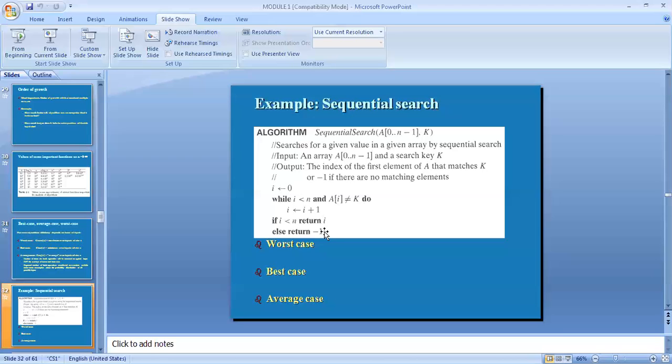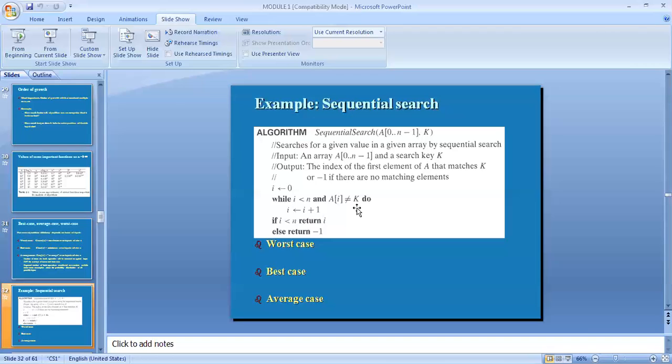I is initially 0. While I is less than n and A[I] is not equal to K, in both conditions we increment I. If I is greater than n and A[I] is not equal to K, one condition becomes false, so the loop exits and comes to the if statement.